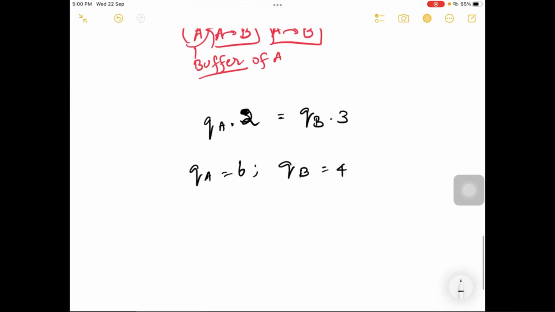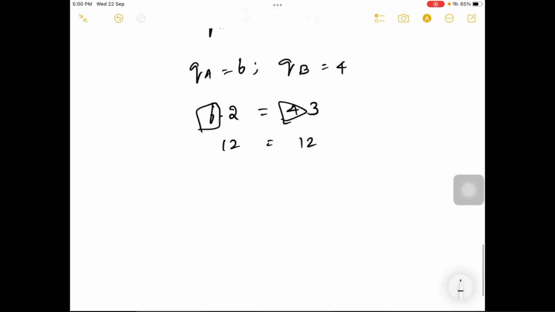So this is also possible. That means 6 into 2 equals 4 into 3, so both are 12, equal to 12. In that case, QA is 6 and QB will be 4. So now what happens? A fires 6 times. After that, B consumes 4 times.